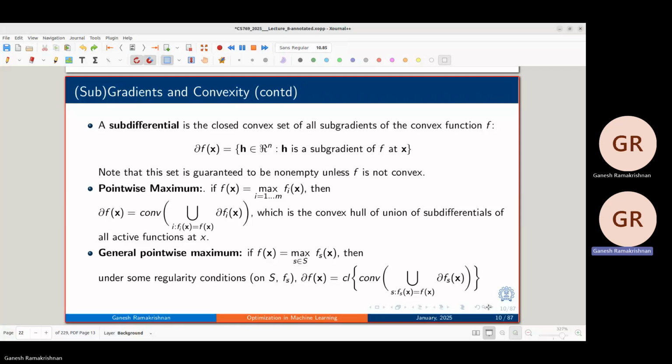So can I write this differently as an optimization problem? Max, supremum, whatever you want. So what is the max value of V transpose U?